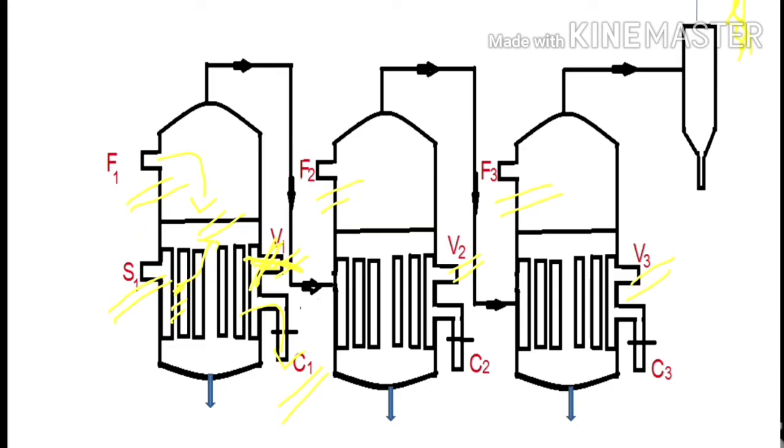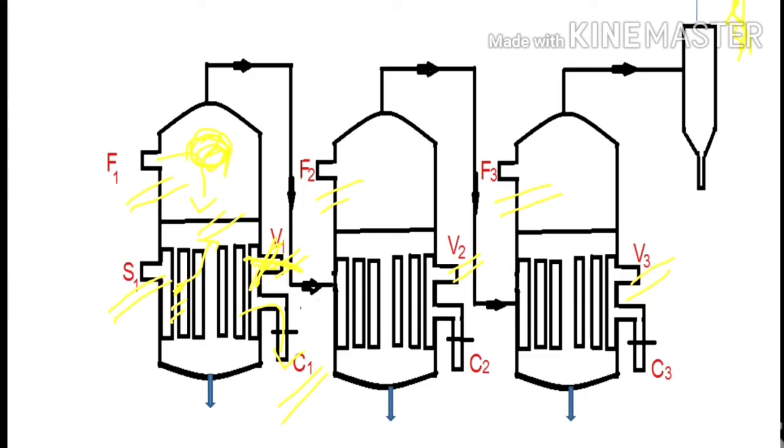Because of that, the condensation rate also decreases. Gradually, the liquid feed attains its boiling point. At that time, the vapor pressure inside the first evaporator will be maximum, and after attaining the boiling point, it will produce maximum vapor.